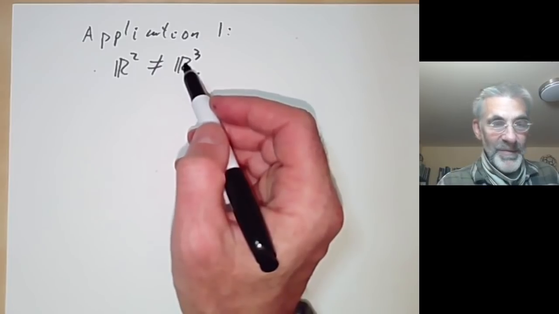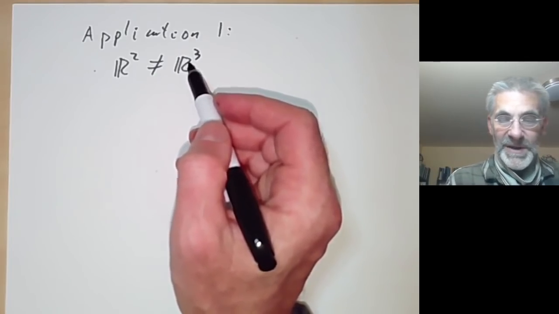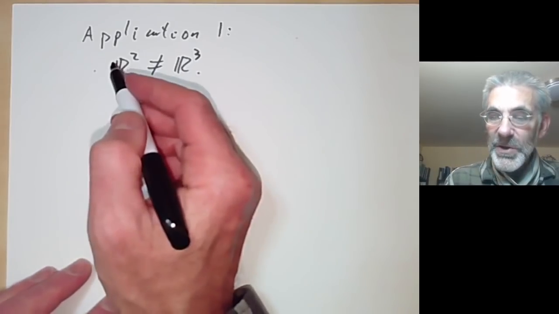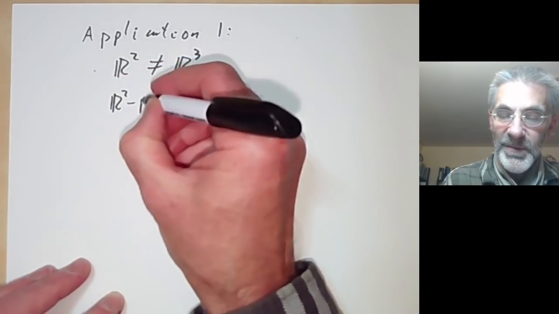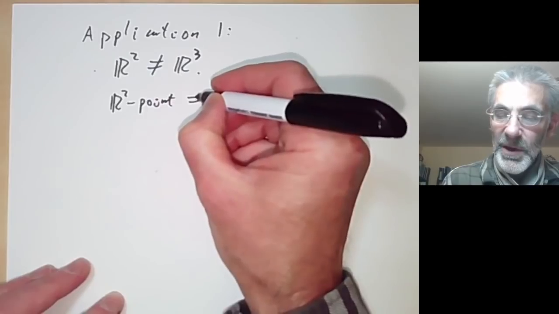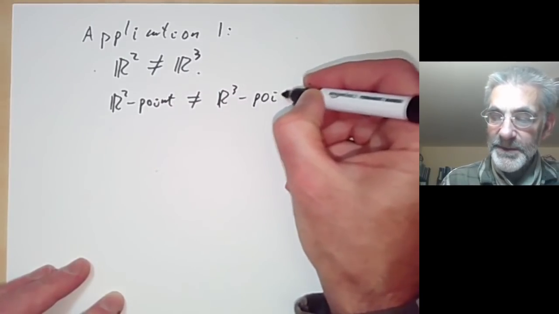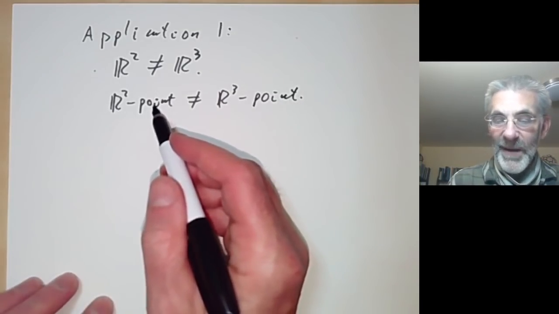So you might think algebraic topology can't actually distinguish them because algebraic topology says all contractible spaces are really the same. But what we can do is we can remove a point from these. So it's enough to show that R2 minus a point is not homeomorphic to R3 minus a point. And now we can work out pi1 of both sides.